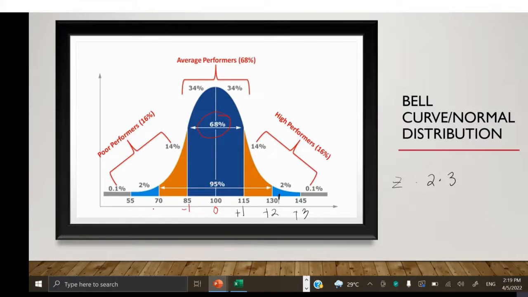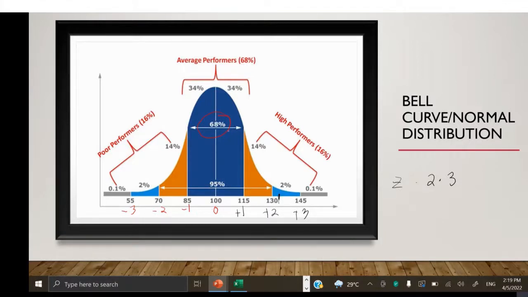Now, this would be negative 2 standard deviation, and this would be -3 standard deviation. Somebody whose IQ score is 70 is said to fall within the -2 standard deviation below the mean.